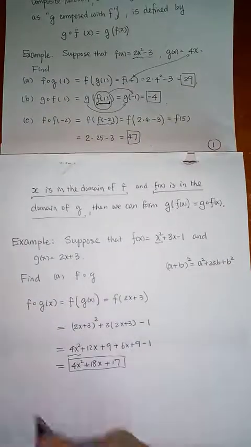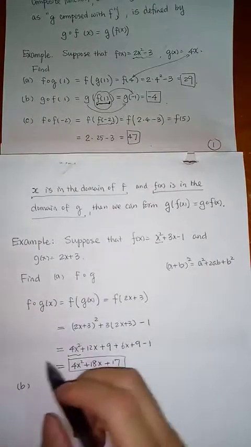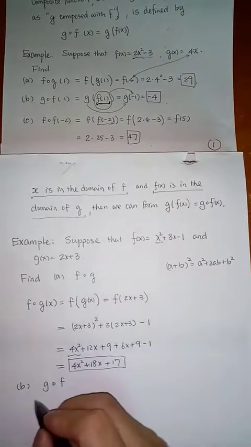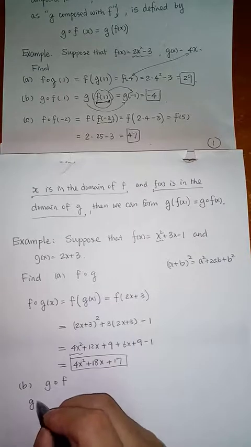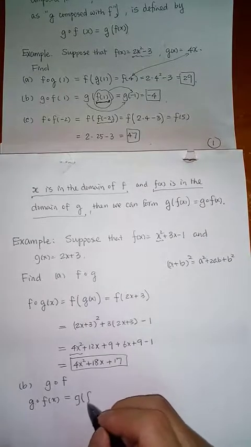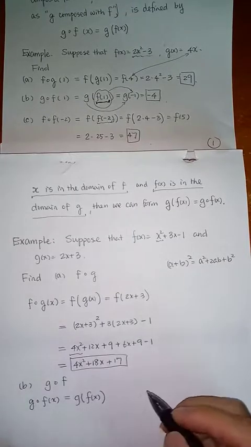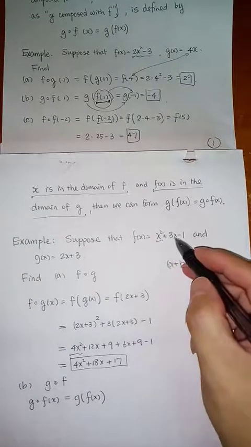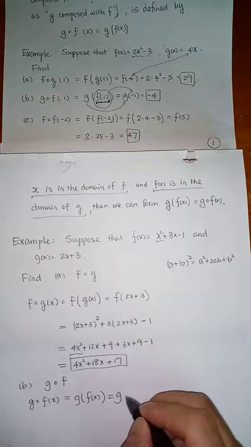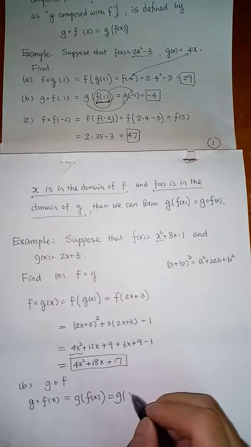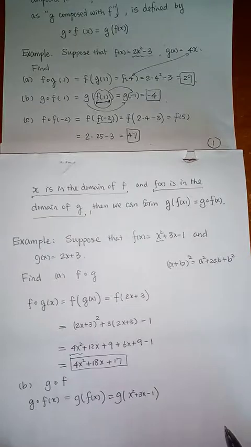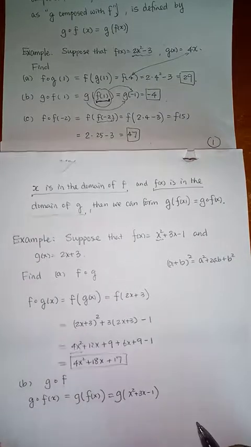And second, let's switch the order. G composed with f. G composed with f of x, by definition, is g of f of x. f(x) is x squared plus 3x minus 1. So you always first copy the external expression and just evaluate the internal function, x squared plus 3x and minus 1.